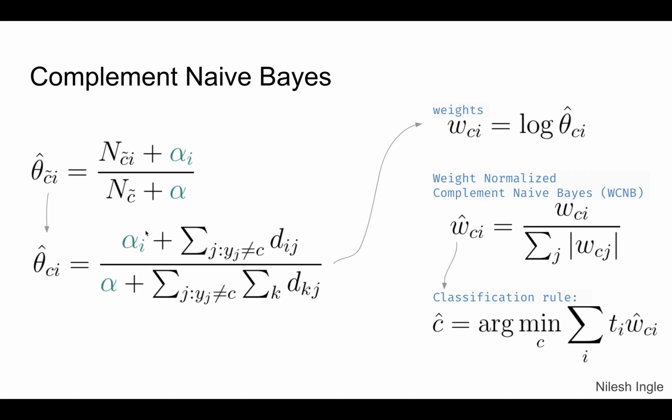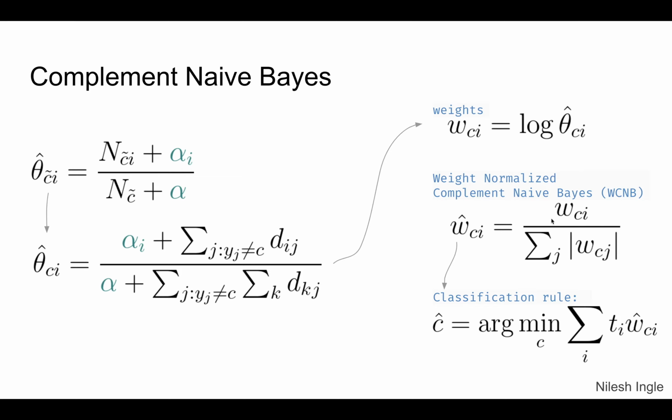And this is the summation, so that's written out here explicitly. And based on this, then we can calculate the weights. So this is taking the logarithm, as I mentioned in the last slide, and then this is normalization.